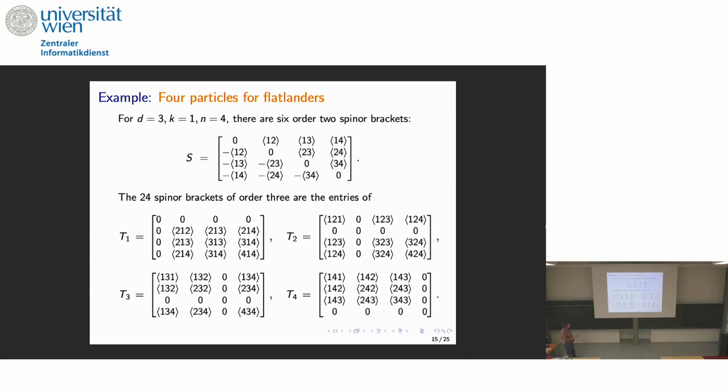So T1 has the first row in column 0, T2 has the second, and so on. And then I'm simply taking the triple spinor brackets with the 1 in the middle is in T1, the 2 in the middle is in T2, the 3 in the middle is T3, and the 4 in the middle is T4. And I'm interested in the varieties in this space.